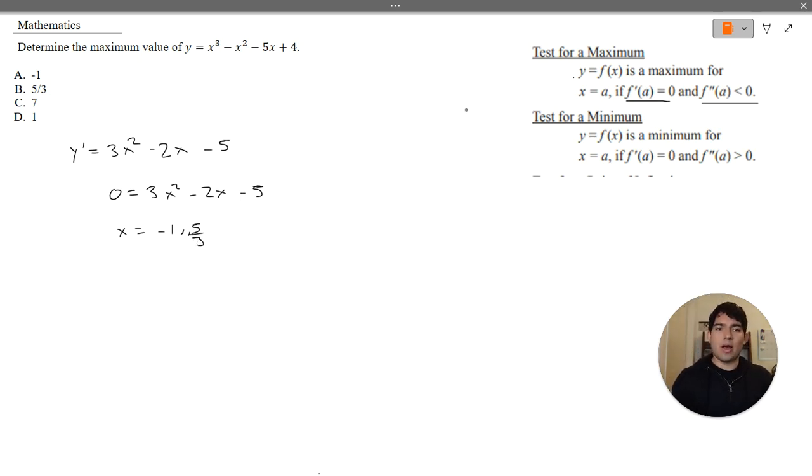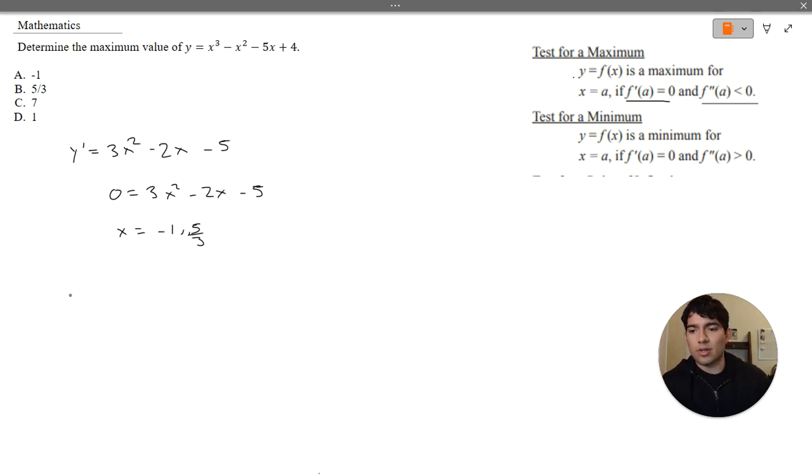So now we have two values where f prime is equal to 0, so we have two values for x equals a. Now only one of those should have the f double prime of a is less than 0 parameter met. So we're going to test to see which one of those is the one that we want.